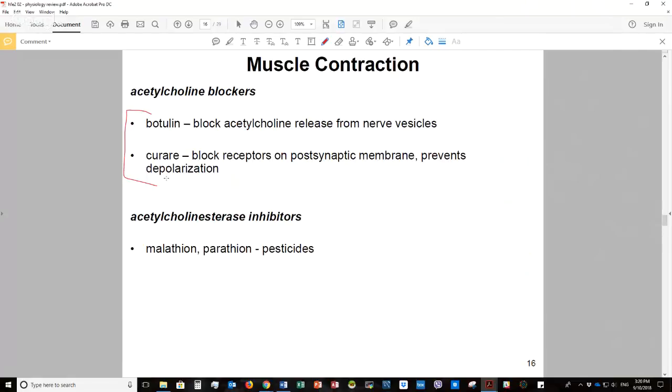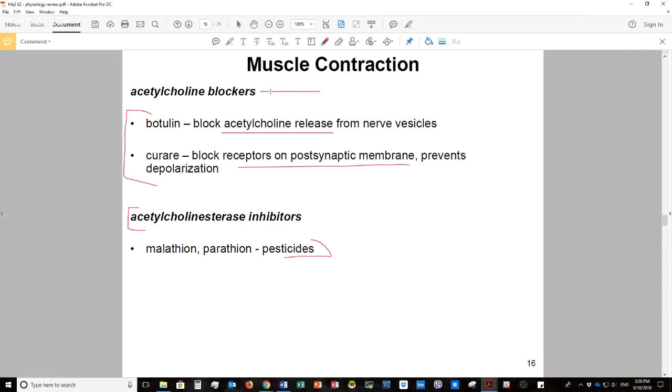Then curare, it actually blocks the receptors on the muscle fiber membrane, meaning if you did either of these, you would not be able to contract your muscles. This one blocks the release of acetylcholine. And then you could block the enzyme that breaks down acetylcholine, and that would be malathion and parathion. They are pesticides.